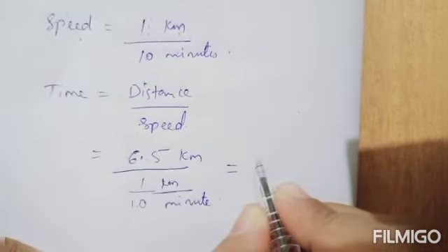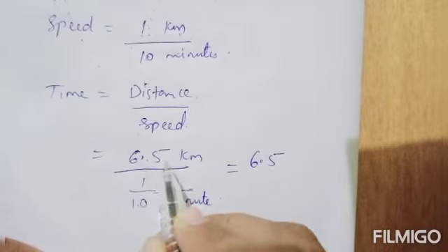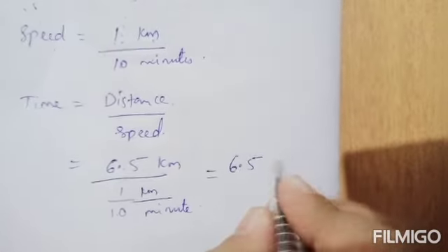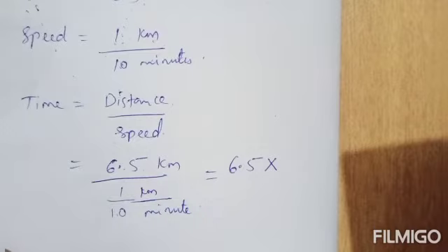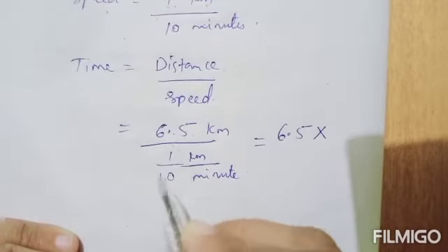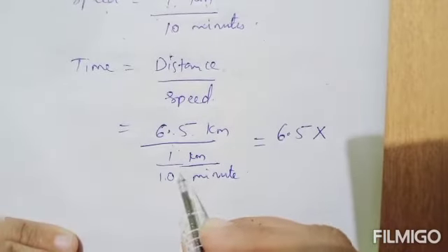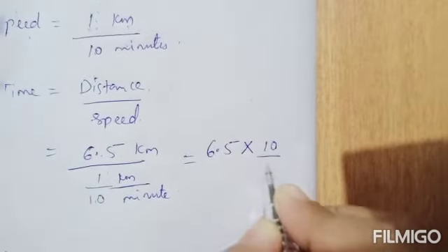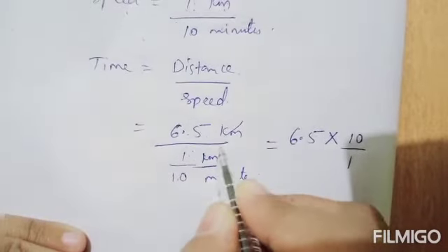How can you divide? First write the dividend, that is 6.5. Division sign, you can change it to multiplication sign. Now divisor is 1 by 10. Take its reciprocal. So that is 10 by 1. Now what will be the unit? Kilometer, kilometer we can cancel. Unit is minute.